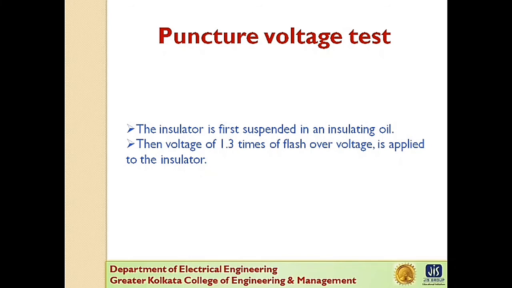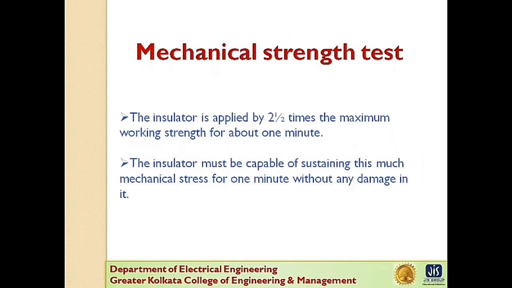I repeat, the voltage at which insulator starts to puncture is known as puncture voltage. This voltage is usually 30% higher than that of a dry flashover voltage for a suspension type insulator. Now 30% higher means 1.3 times.